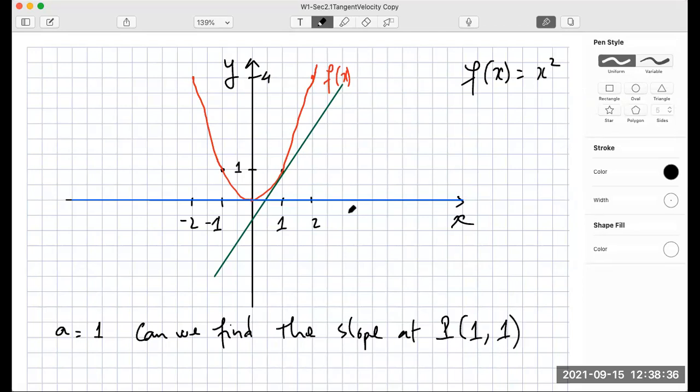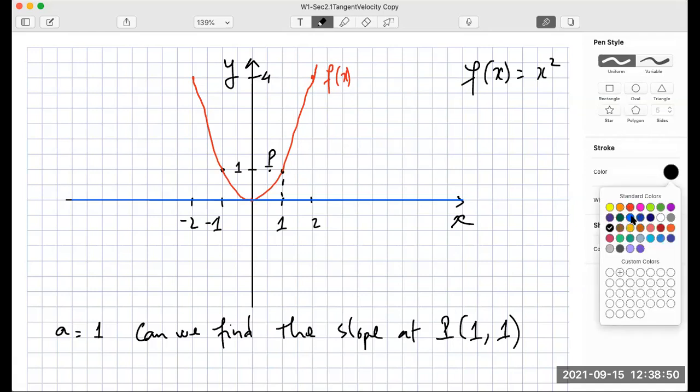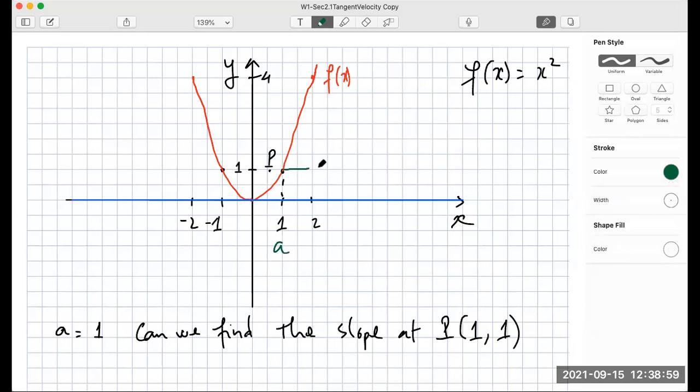Yes, thank you. So this point is our point P right here. Good. So in the first section, section 2.1, we have done this before. So the slope at this point, suppose this is the point a. And now, imagine if the point x is somewhere here, right?